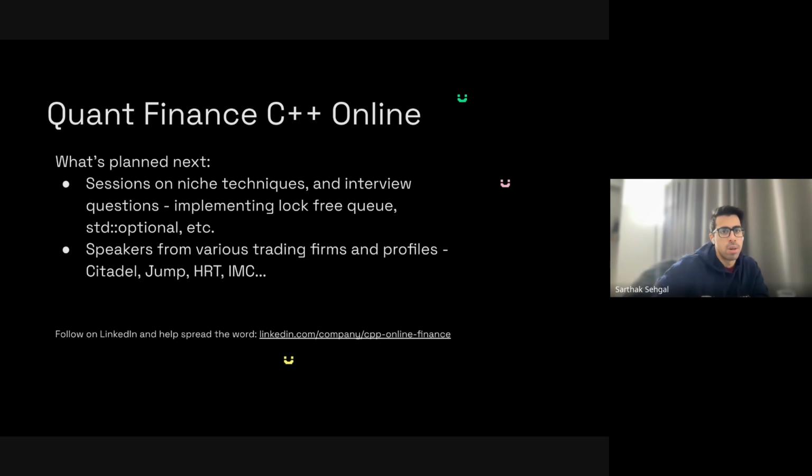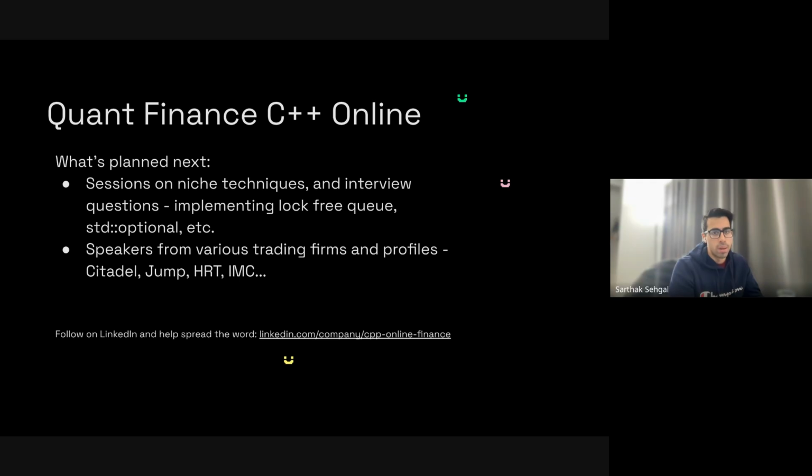Just a quick note about what's planned next for the community. My goal is to have a couple of people from different firms sharing their experiences and different profiles. I do low latency trading software at Maven, but there are a bunch of other profiles as well. There's a lot of data analysis and Python, and then platform teams.